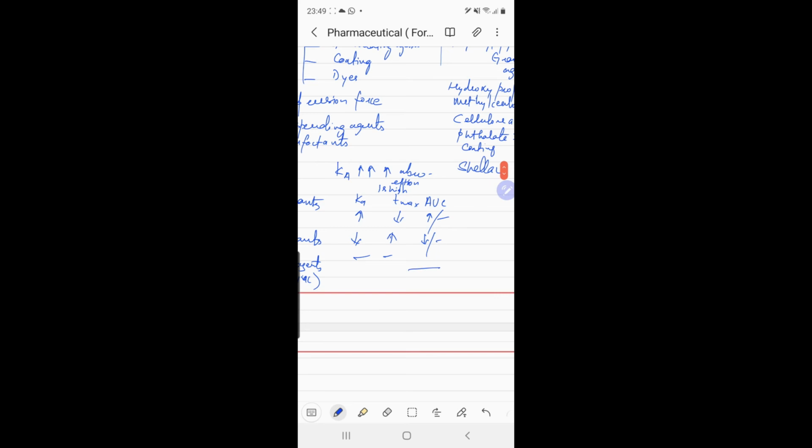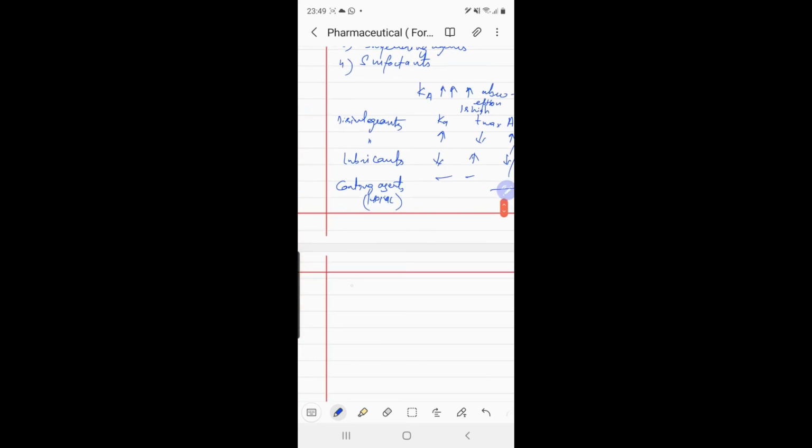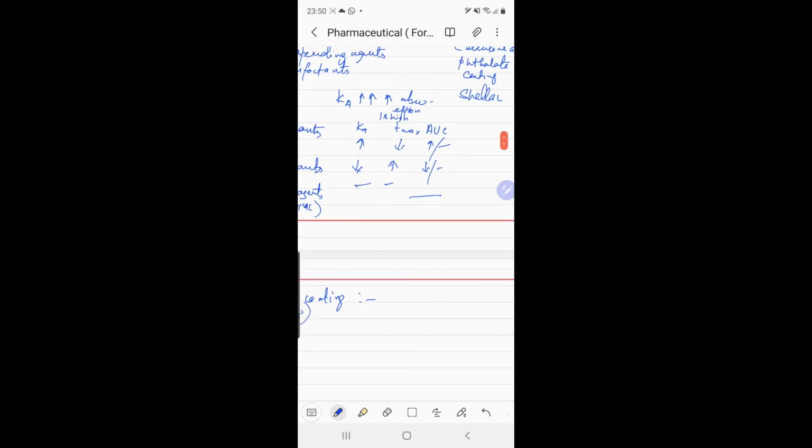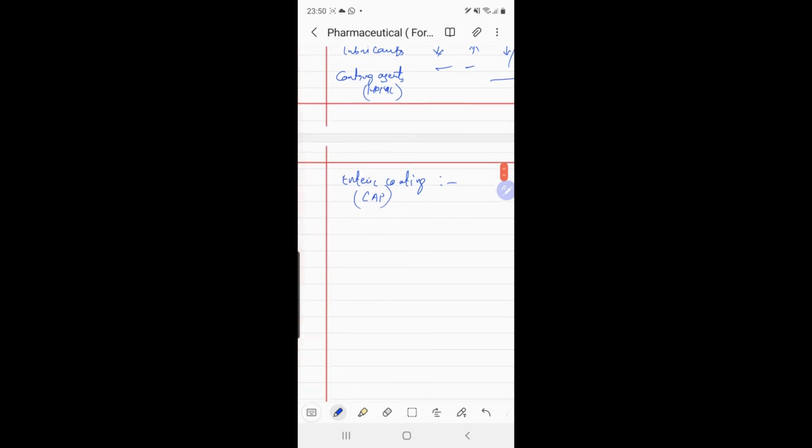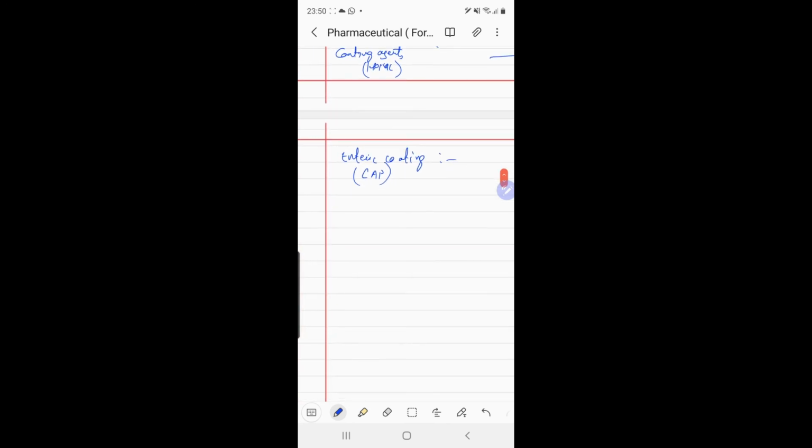Then there's the enteric coating. In enteric coating, like cellulose acetate phthalate (CAP), which we have drawn and considered above as the polymer used for the enteric coating, this will decrease the Ka value and increase the Tmax.